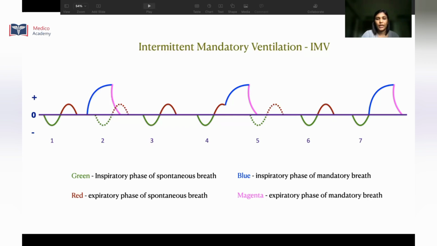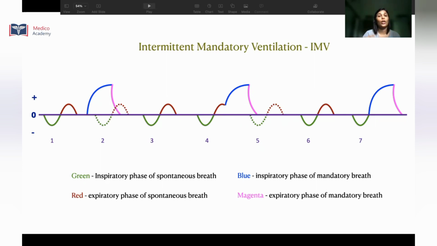Then there was expiration happening. And in the middle of the expiration, you can see that there is a mandatory breath which is delivered to the patient. That is, when the patient was trying to expire outward, there was a ventilatory breath coming inward. Also, during that 7th second in the graph, you can see that the patient completed his inspiration, his lungs are full. And before he could start expiring, there is an inward mandatory breath coming to the patient.